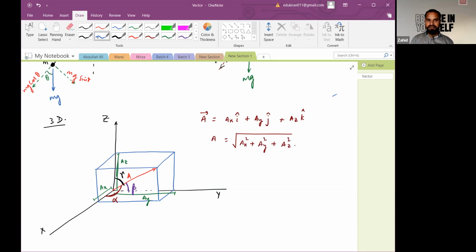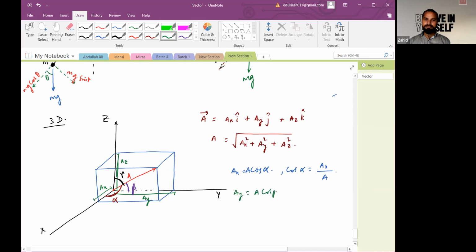Now, using the previous concept, whenever you have a vector and you have to calculate the adjacent component, it will be cos times that term. So it will be cos alpha times A as AX, or you may find cos alpha as AX over A. Similarly, you may define AY as A times cos beta, as beta is the inclination with respect to y.